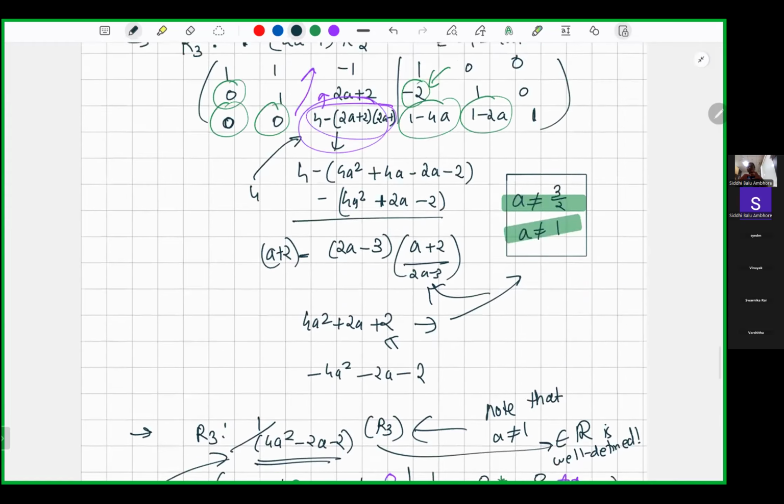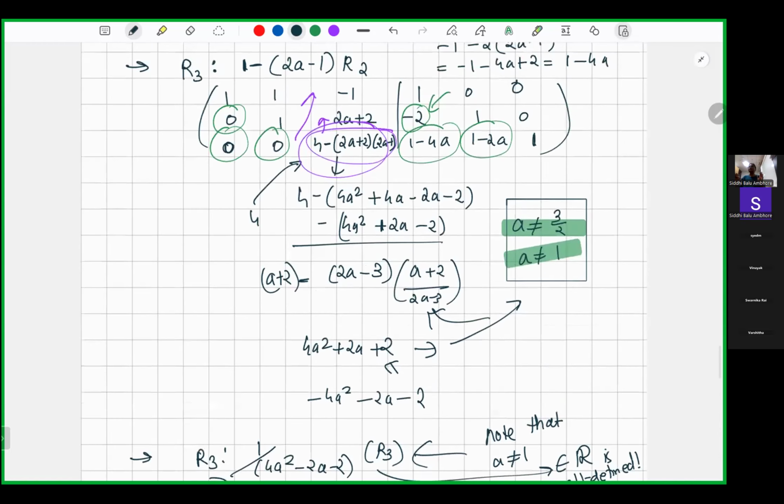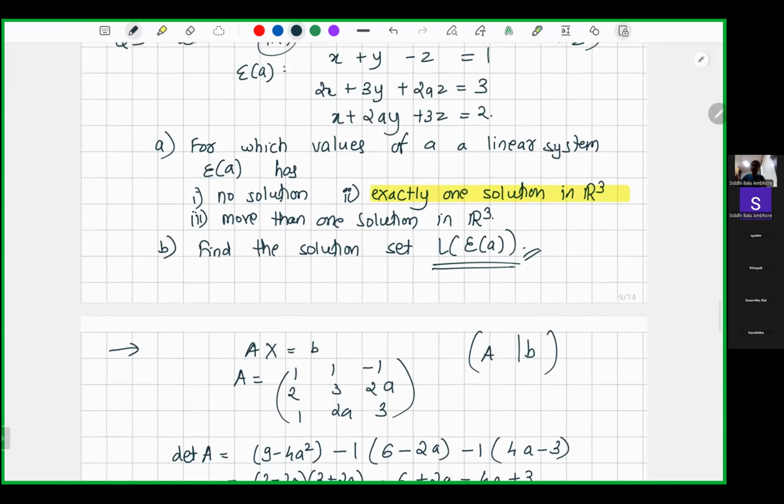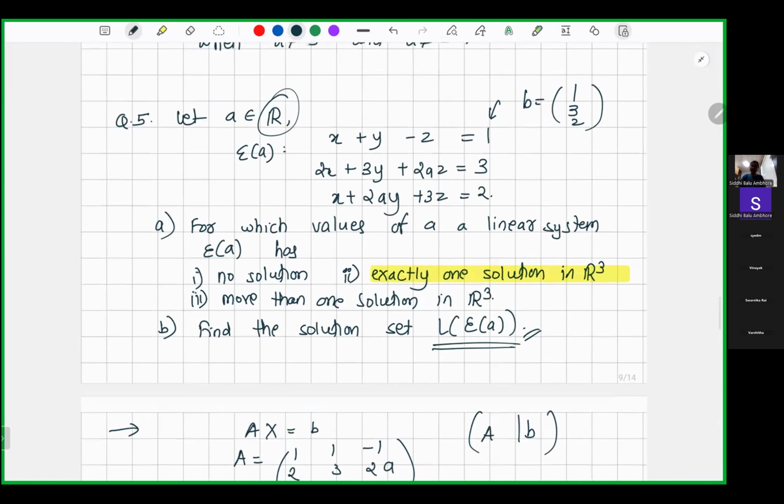So see, for us to get a solution, whenever we have such kind of questions where the solution depends on this a, and a belongs to R, for each value of a, either it has a solution, it does not have a solution, or it has infinitely many solutions.